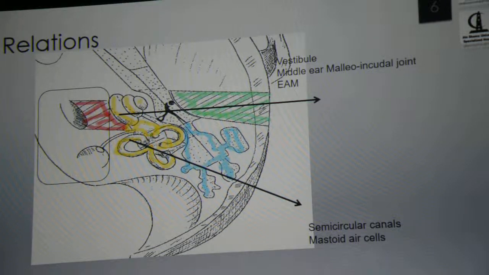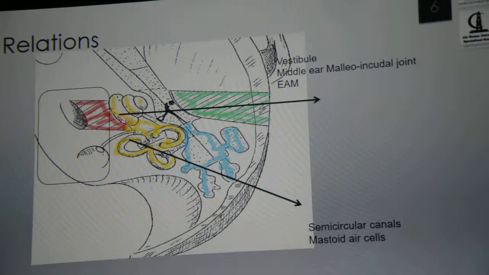So just lateral to the internal auditory canal is the vestibule, then the middle ear, then the external auditory meatus. As a straight line. هتلاقوا في الكتب يقول لك كلهم straight line, external auditory meatus, middle ear, malioincaudal joint, vestibule, internal auditory canal are all in straight line. حاجة جميلة جدا.